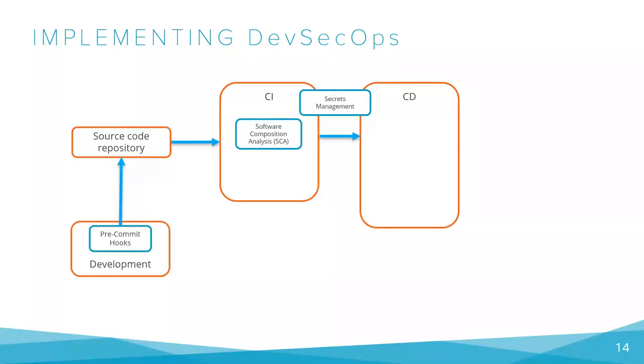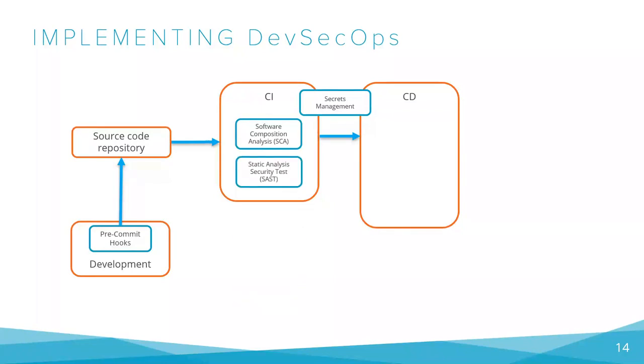Today, many software applications contain at least one open source component, which makes SCA valuable in most organizations. In the pipeline, SCA should run just after the build step. The pipeline should be configured to fail if any SCA issues are detected.